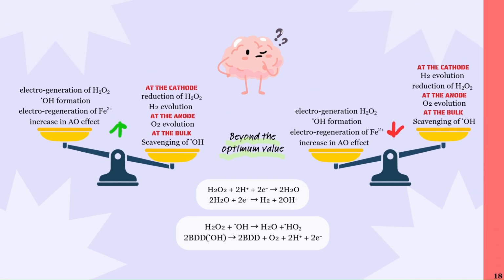Removal efficiencies increased when the applied current was raised from 50 to 100 mA, primarily due to enhanced formation of hydroxyl radicals. BDD anode promotes the generation of large quantities of heterogeneously formed hydroxyl radicals, while the increased rate of electrogenerated hydrogen peroxide at the cathode simultaneously enhances the formation of homogeneously formed hydroxyl radicals in the bulk solution.